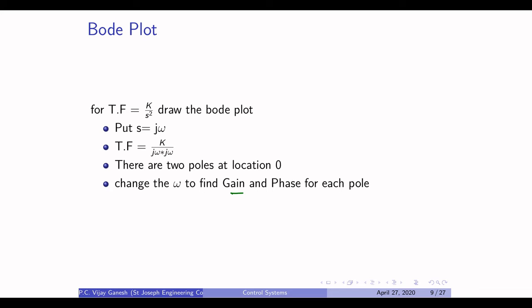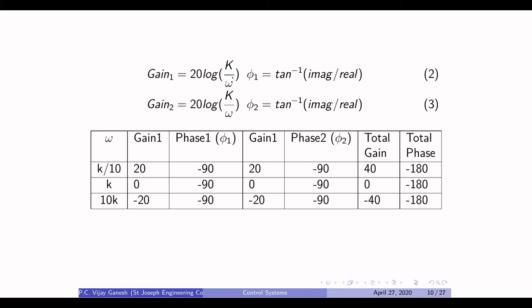So now we have to find the gain and the phase. How can we find the gain formula? The gain formula is given by 20 log of k divided by omega. Before going to this one, let us solve this one. So it is a mod.